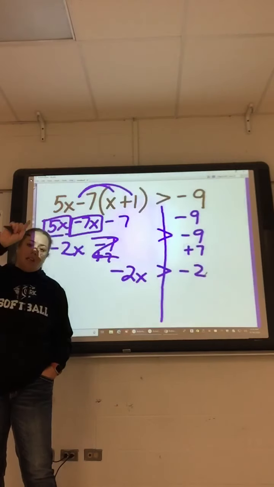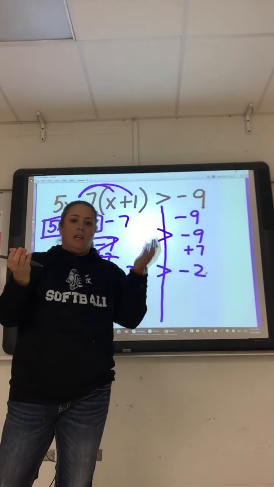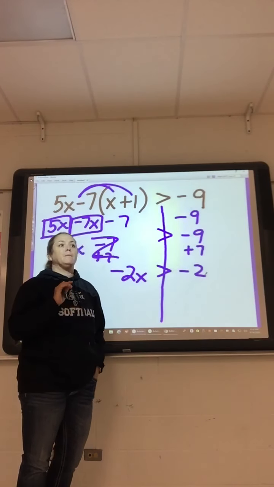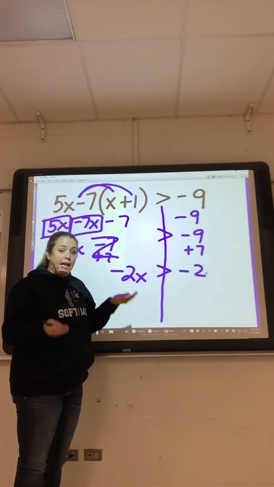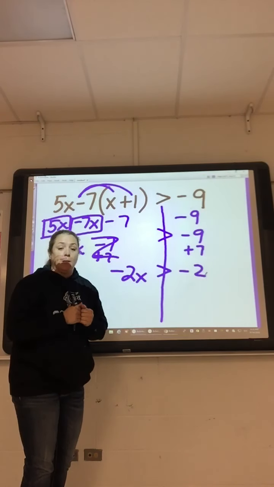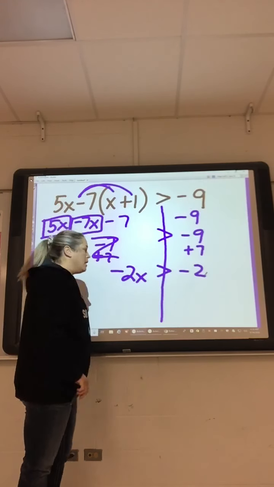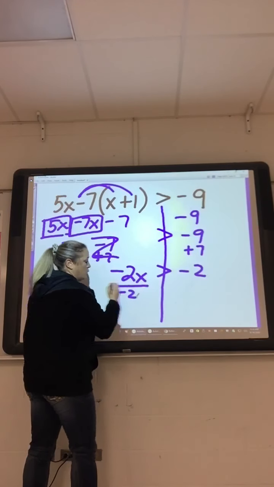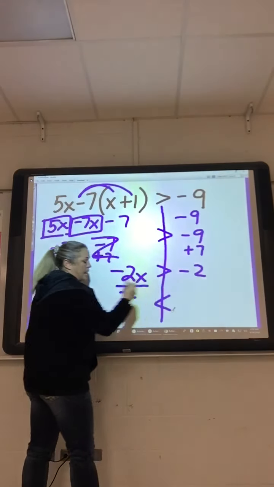Here's the only difference when you're solving an equation and an inequality. When you multiply or divide both sides by a negative, you have to flip your sign. So I'm going to divide by a -2, and as soon as I do that, I flip my sign.